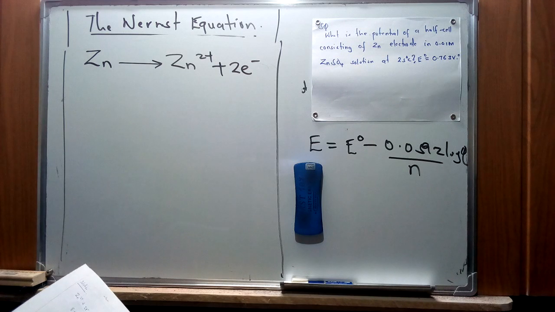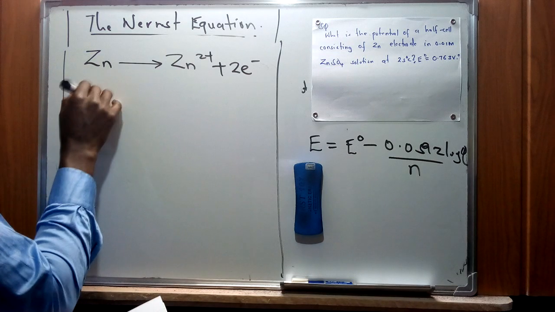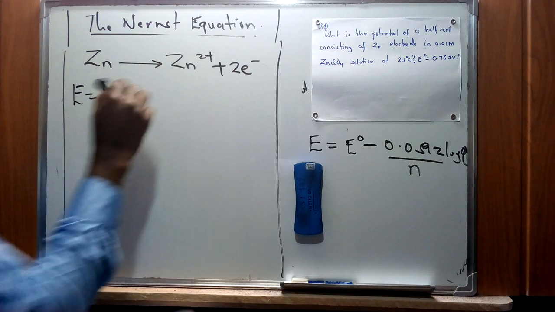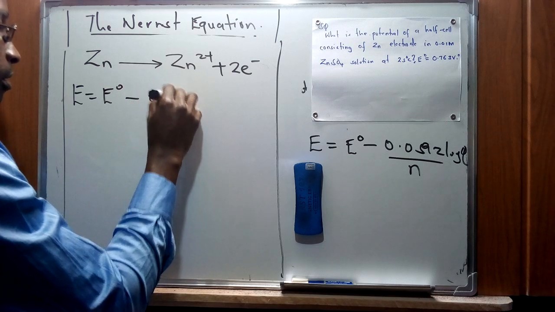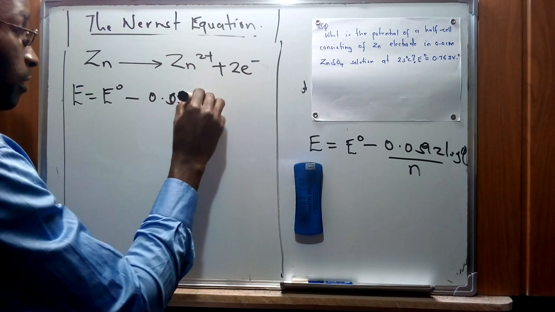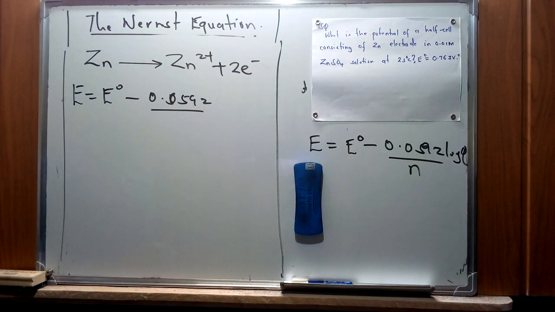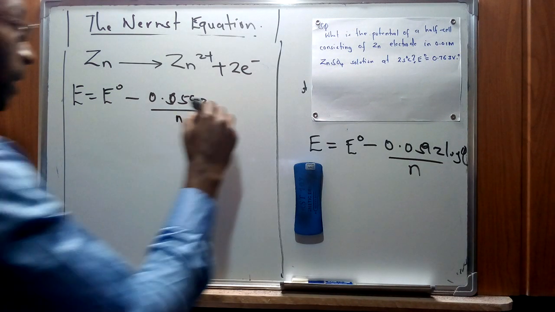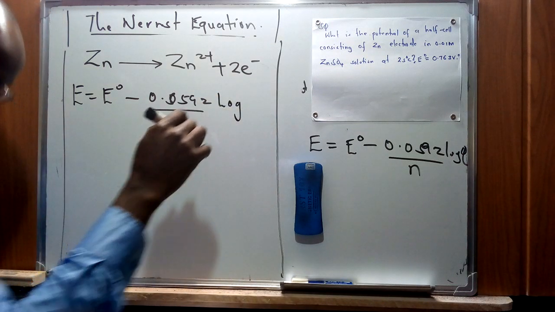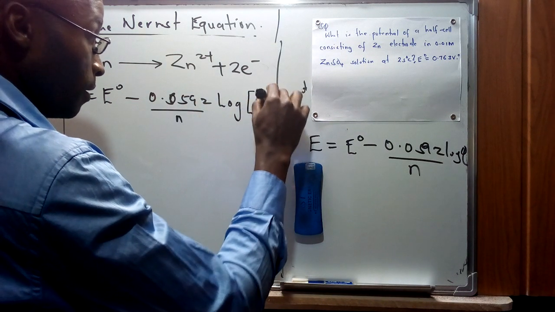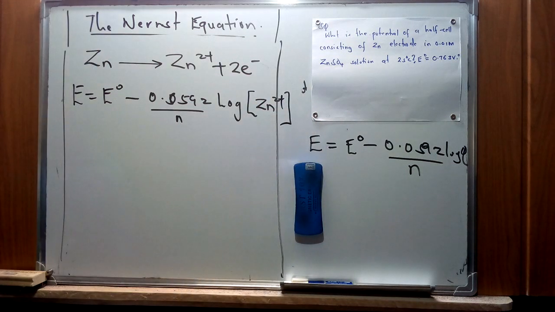And for the oxidation of a half cell, we're going to have the equation E equals E standard minus 0.0592 divided by n, log of the concentration of the zinc ion for this oxidation reaction.